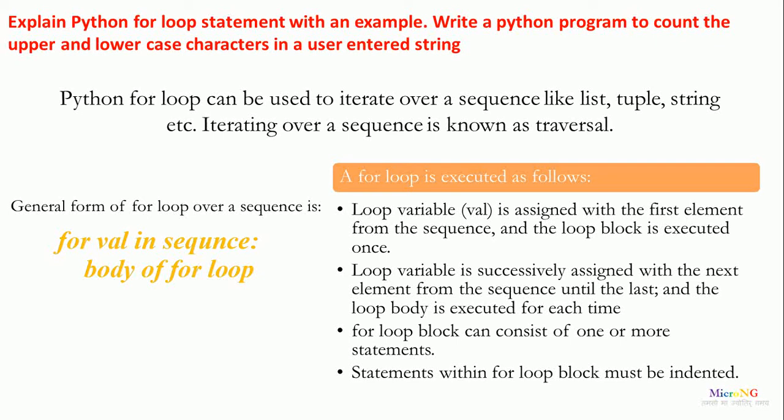That means the val variable will take each individual element from the sequence from first to end, and each time it will execute the body of the for loop.